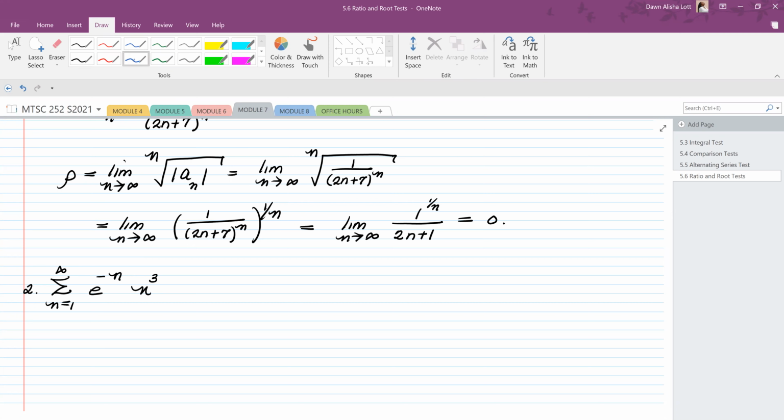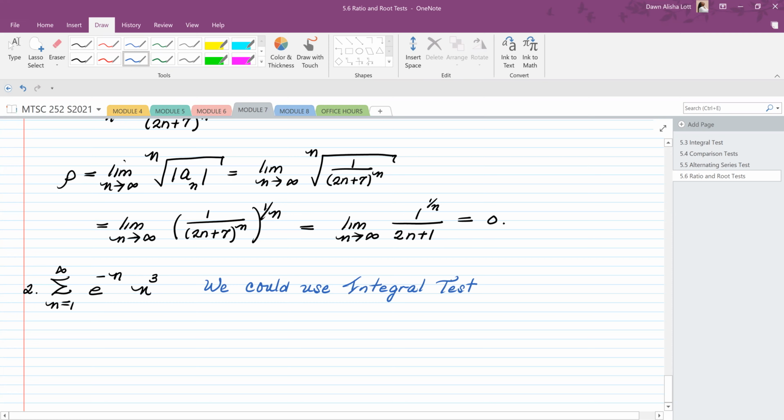Okay, we could. It's a lot of work. That looks to me like integration by parts 3 times. So yeah, that's a bit of work.